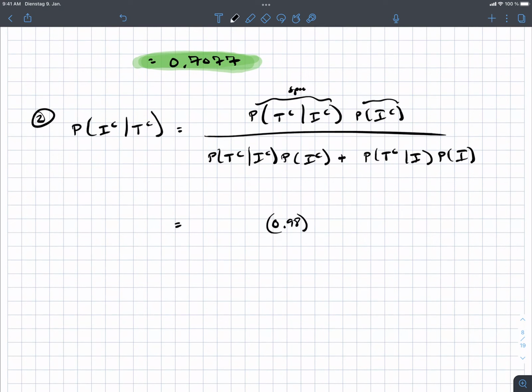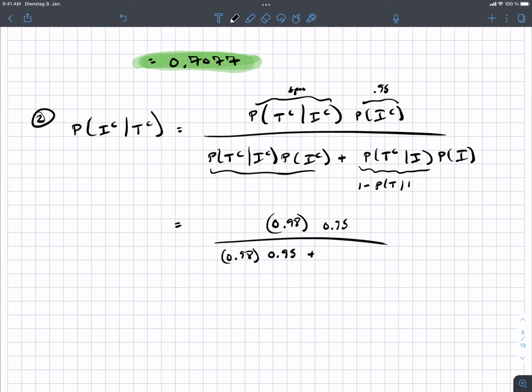This is, remember, 0.95, so 95% of the population don't have the infection. And so that goes here again, because that's the same as what's in the numerator, 0.95. And this probability that I test negative given that I have the infection is going to be 1 minus the probability of testing positive given that you have the infection, which is 1 minus 0.92.